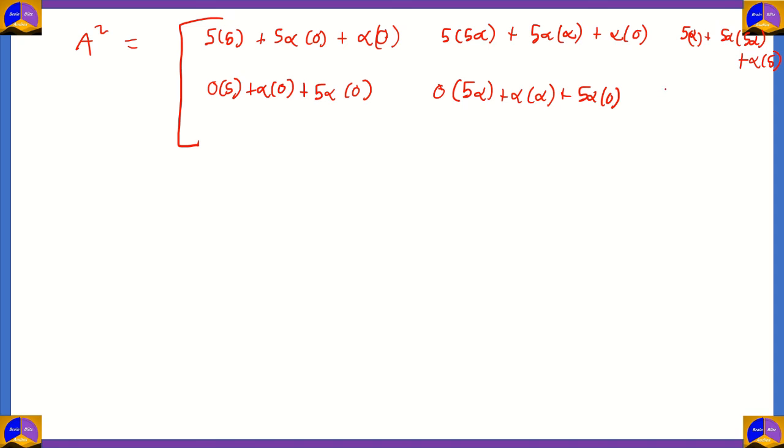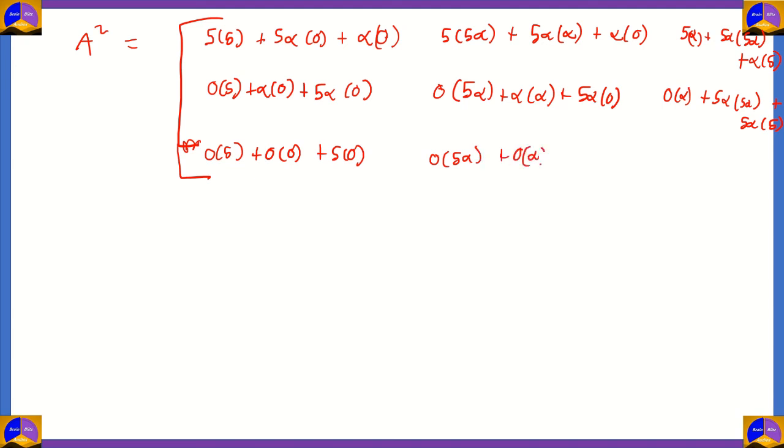Next we have 0 times alpha plus 5 alpha times 5 alpha plus 5 alpha times 5. And in the last row we have 0 times 5 plus 0 times 0 plus 5 times 0. Next we have 0 times 5 alpha plus 0 times alpha plus 5 times 0.